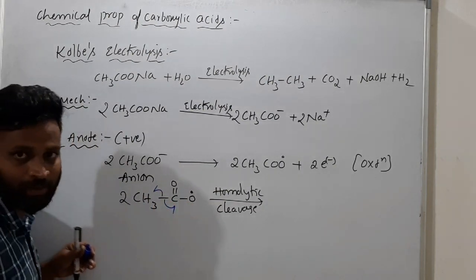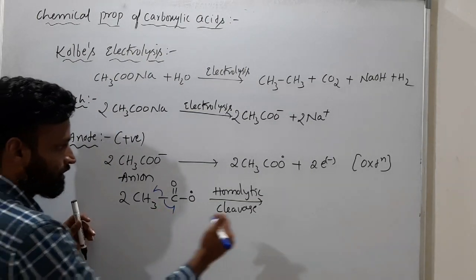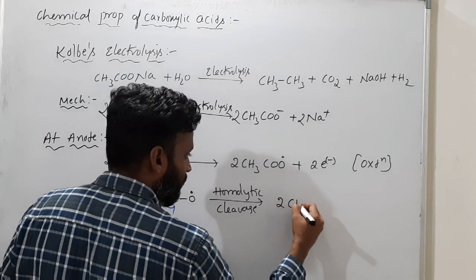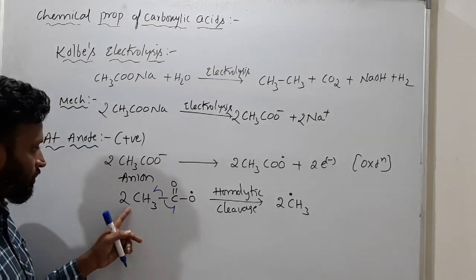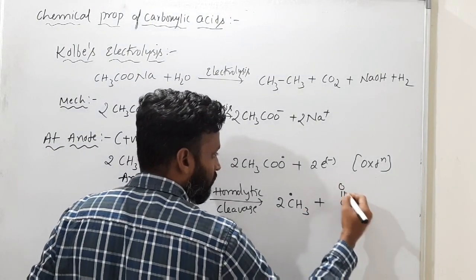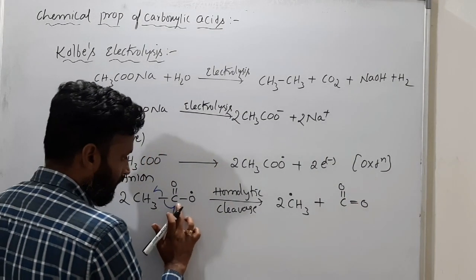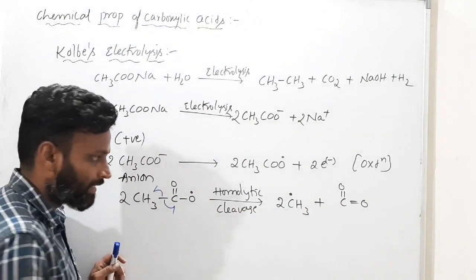Then what happens? You have 2 moles of CH3 dot, and the C double bond O groups. Understood clearly?